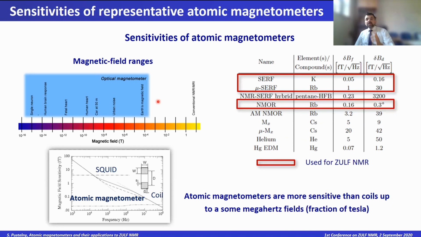So to give you an example, I listed a couple of magnetometers, the optical atomic magnetometers that are being used. The second column from the right is the fundamental sensitivity limit, and the last column is the demonstrated sensitivity limit in our magnetometer.